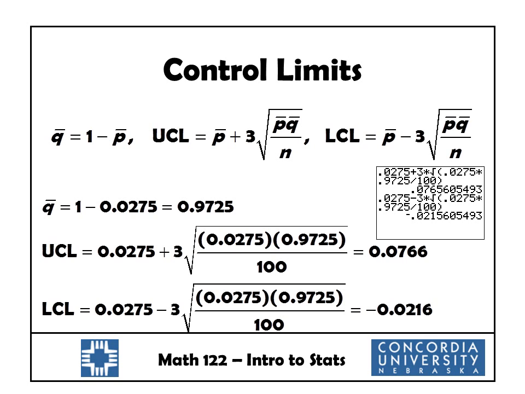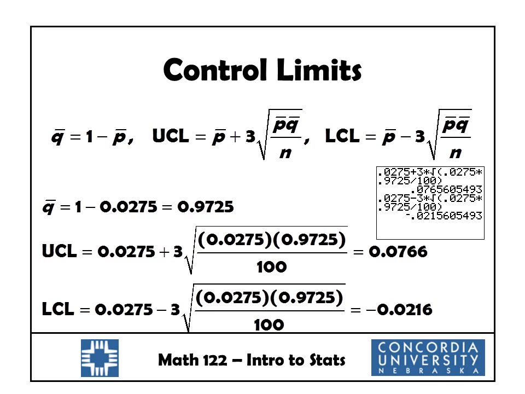So if we plug numbers into our formula, P bar, remember, is 0.0275, so Q bar is 1 minus that, 0.9725. And then we plug numbers into the upper control limit and the lower control limit. You see there on the screen to the right how to enter those numbers into your formula. It looks rather complicated because there's a lot of digits there, but overall it's not too bad to enter.